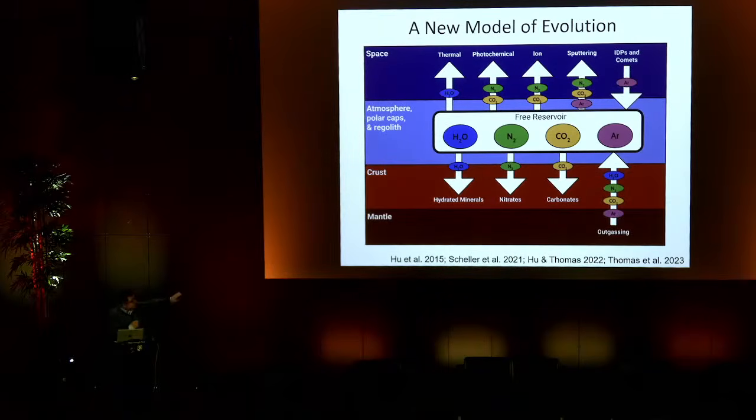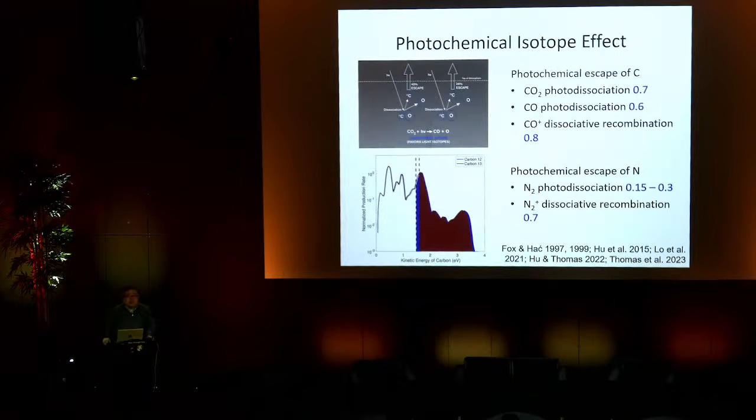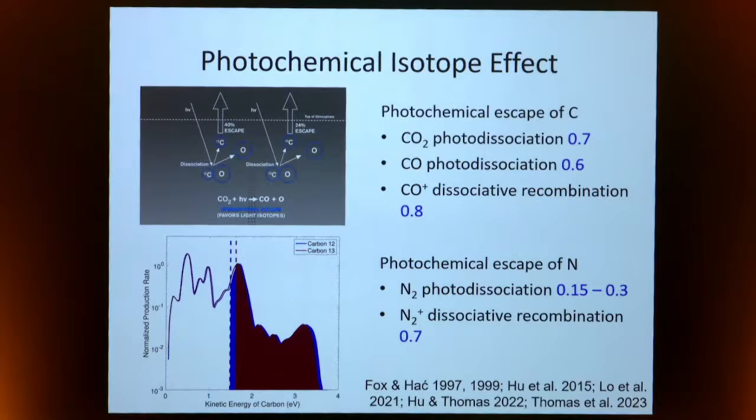And the same goes for volcanic outgassing, right? Because it's the same volcanic rate, but it will release different gases according to their concentration in the magma. So in terms of the isotopic effects, the most important isotopic fractionation effect is the photochemical escape.